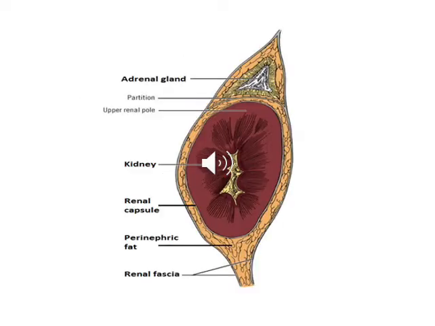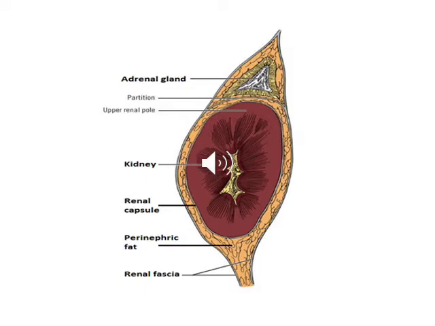Here you can see the kidney is covered with the renal capsule, which is a tough fibrous capsule. Outside the renal capsule, there is a fat-containing covering, which is called the perinephric fat. Outside the perinephric fatty layer, the renal fascia is situated.